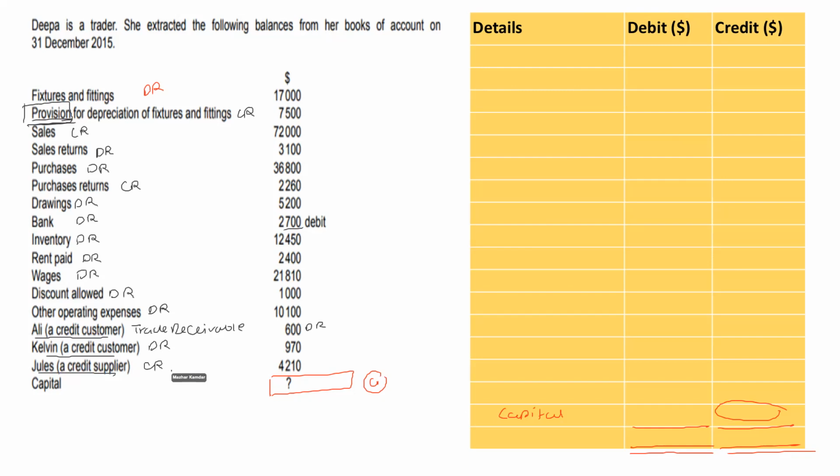Capital is the balancing figure that I have to find out. How will I find out? The total of debit should match with the total of credit. I'm writing only the amount. The details you all have to fill.